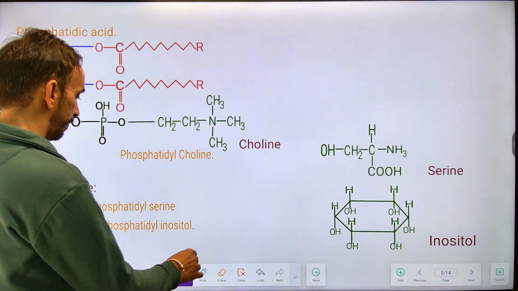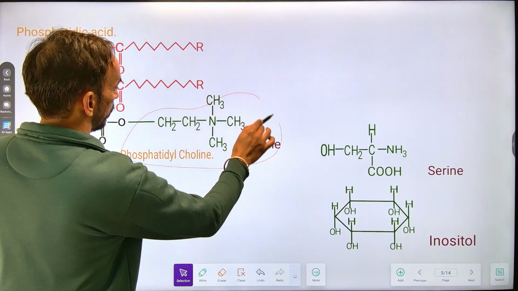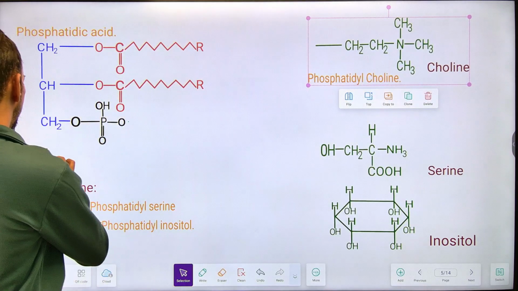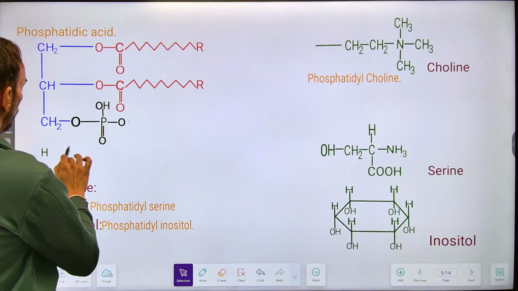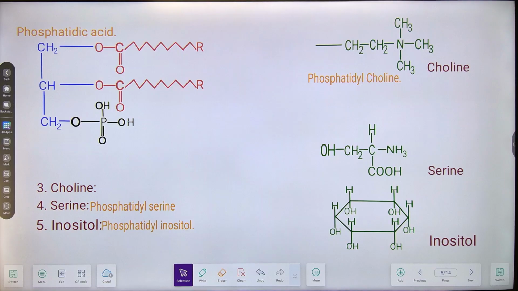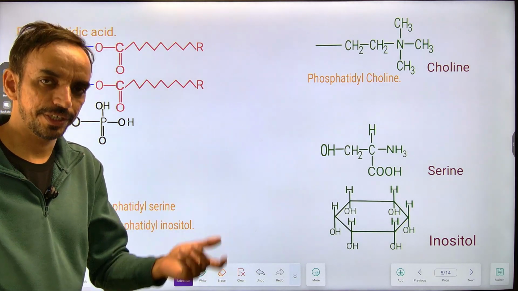Next, if we remove this choline from here, this is again the structure of diacyl glycerol, or we can say DAG with phosphoric acid. It is a phosphatidic acid.